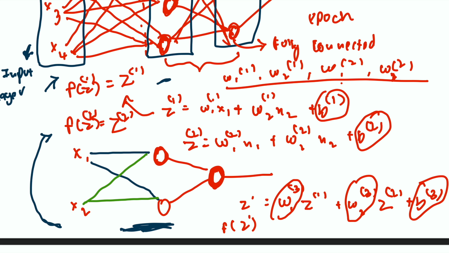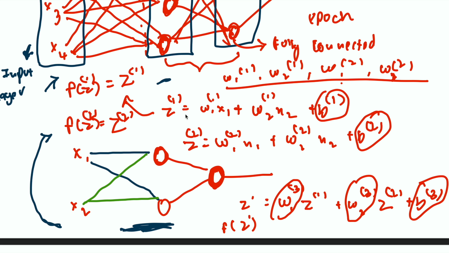For z1, this is the z1 thing. If we write w1 x1 here with superscript 1, and then we also write x2 for this, then we get a z.